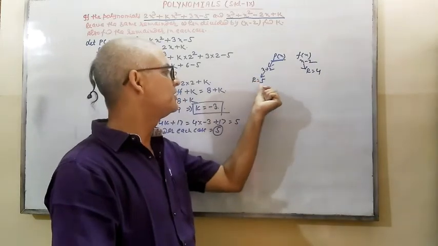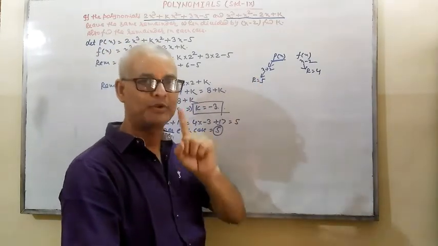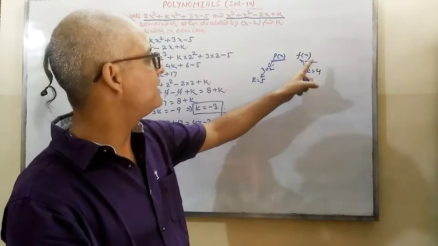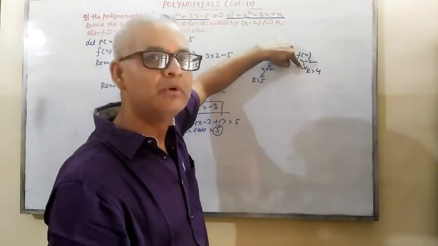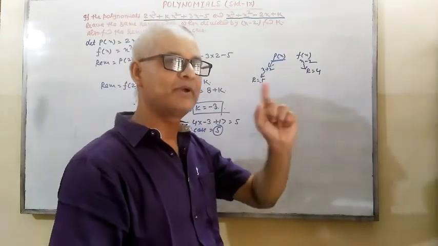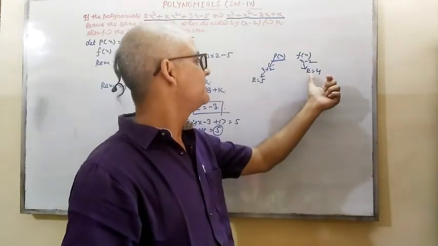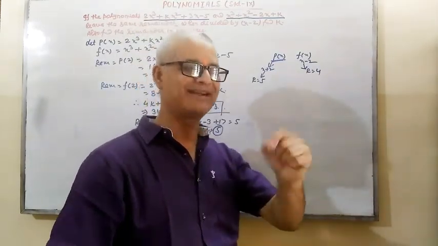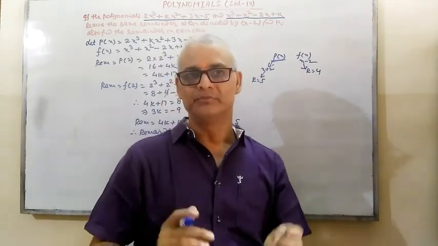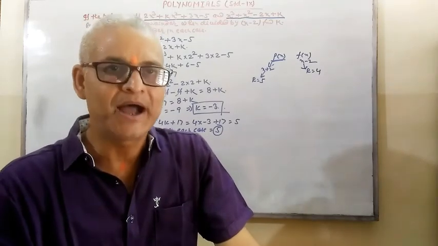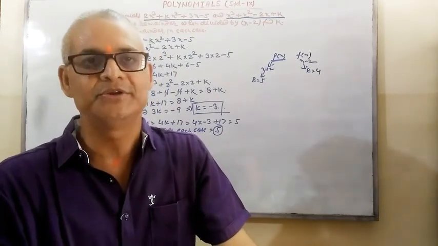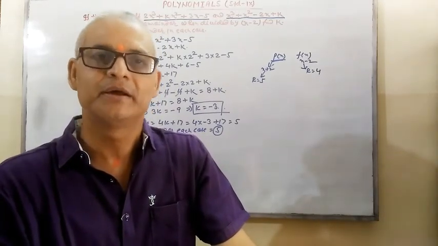That remainder equate with 5, and you will get one equation. Similarly, for this polynomial you will find f(2) in terms of m and n, and that remainder is equal to 4. You will get another equation. Two variables, two equations. Simplify or solve those equations, and you will get the value of m and n.